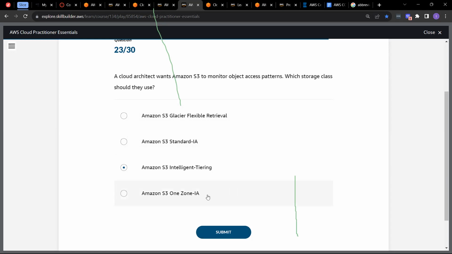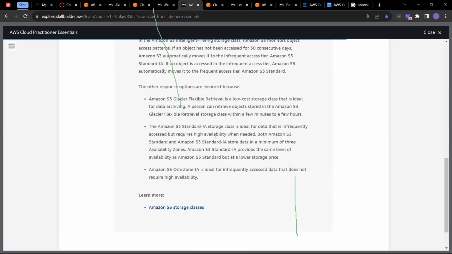One Zone IA is where data is stored in just one availability zone instead of multiple zones. Infrequently accessed but requires high availability when needed. Both Amazon S3 Standard and Standard IA store data in a minimum of 3 availability zones, and One Zone does not require high availability.